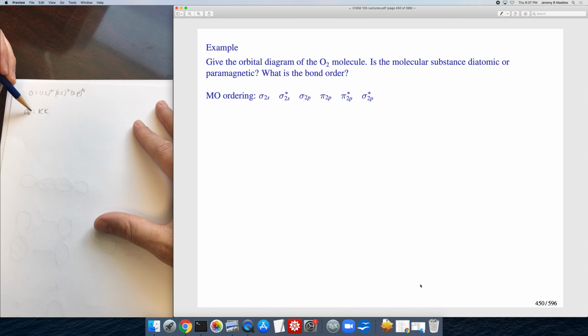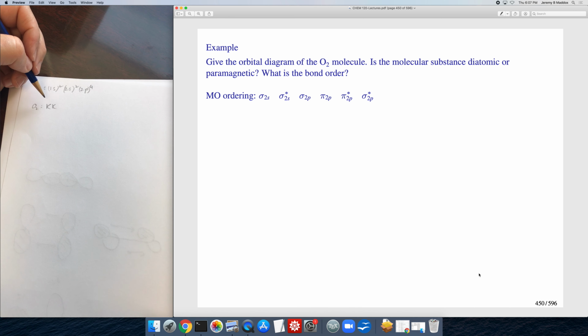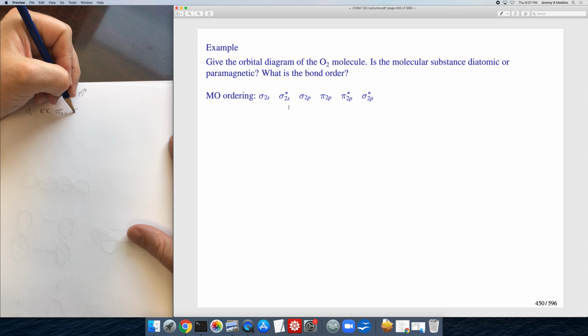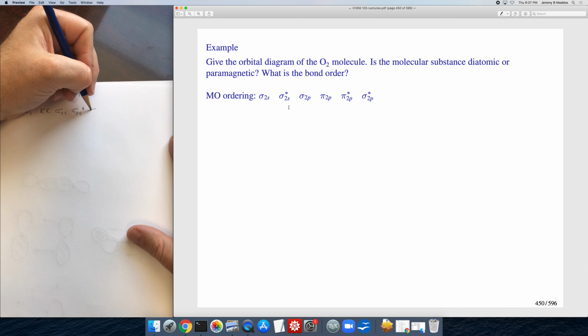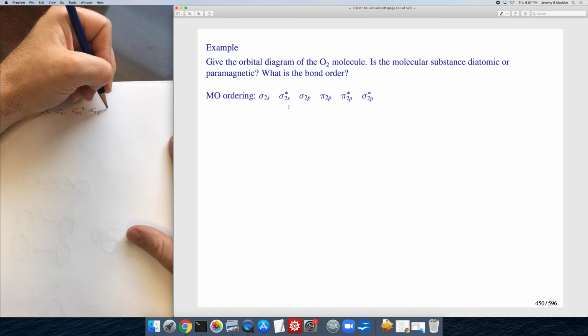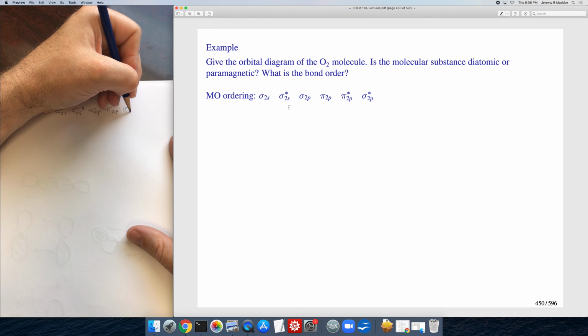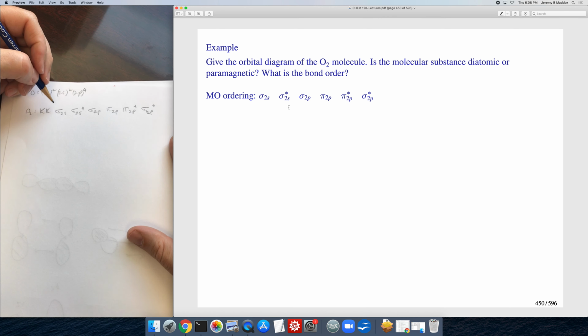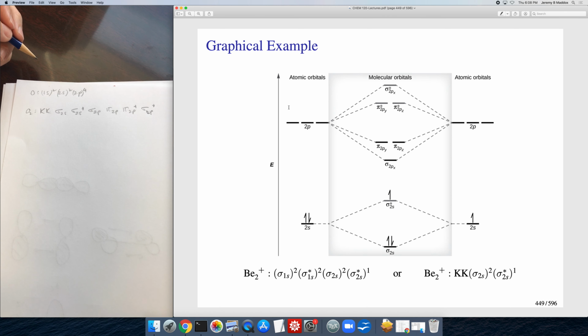Each oxygen atom is going to have a filled K shell, and we just represent that by K times K. Then we have the ordering that's given in the problem: a sigma 2s, a sigma 2s star, sigma 2p, pi 2p, pi 2p star, and sigma 2p star.